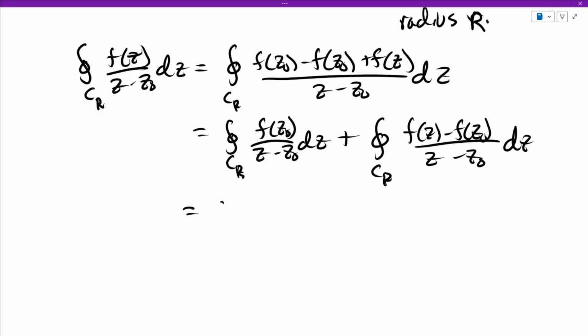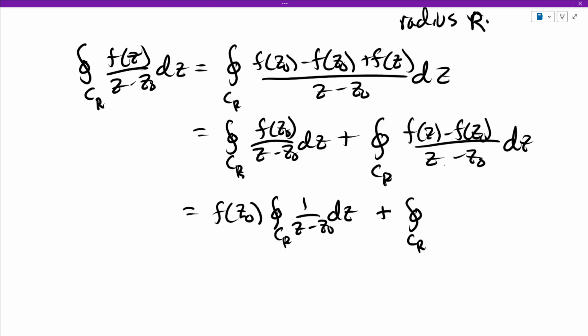Now our first integral: f of z naught is a constant. It's the value of the function at z naught, so we can pull it out, and we get this familiar expression. And this other integral is the integral over C_R of a difference quotient for f, dz.